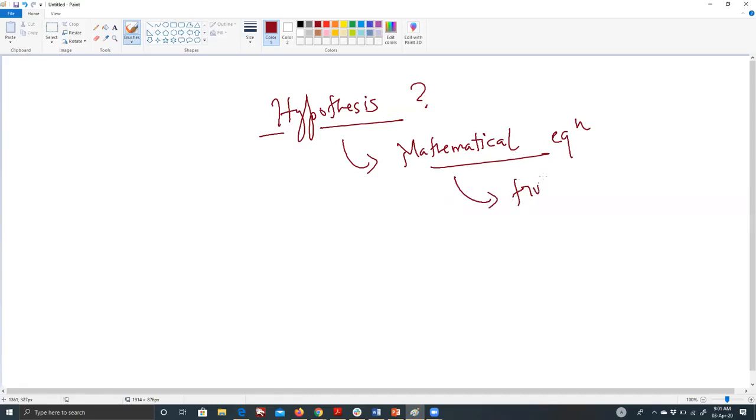You start with this: you make an equation, let's say the underlying function is x plus y is equal to z. Now you try to prove whether it is true or not. So it's a mathematical equation or mathematical truth you want to be true, and you start experimentation after this. Hypothesis testing is a very big part of data science.